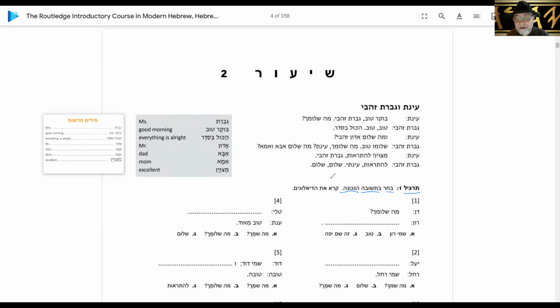And this is hanekhona. Sometimes I can get it to come up with my voice on this reverse context, but sometimes I have to type it in. Okay, so what this is saying is select the correct answer. So bahar, select the correct answer.